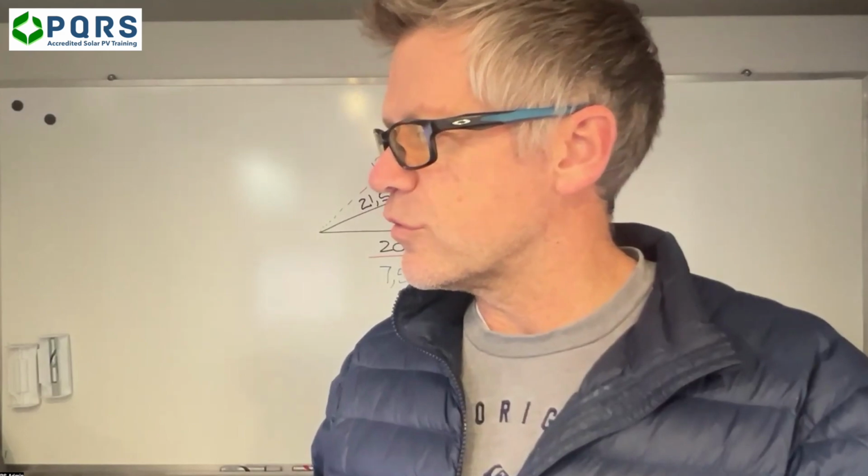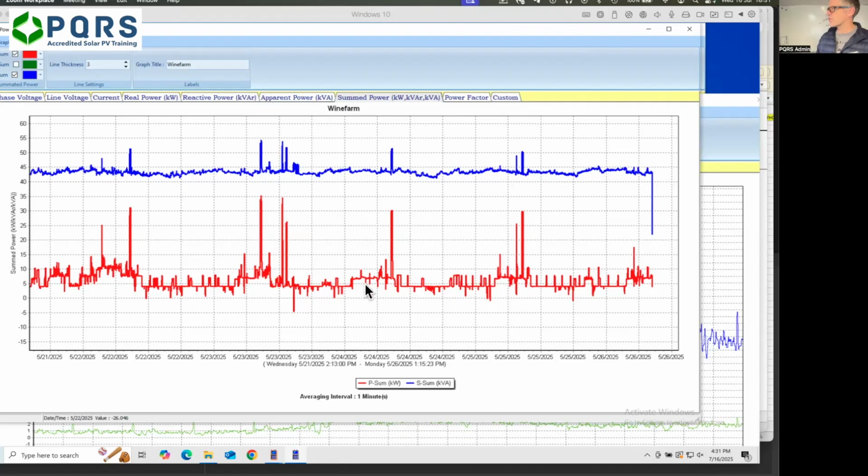I want to jump back into, so we've got a low load, we've got a high apparent power, the reactive power component. You'll see that the reactive power component is 47 kVAr.